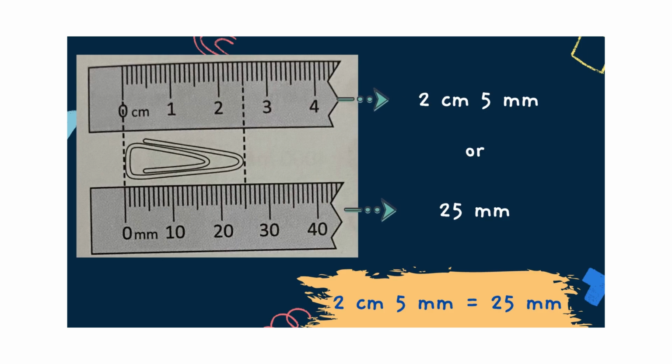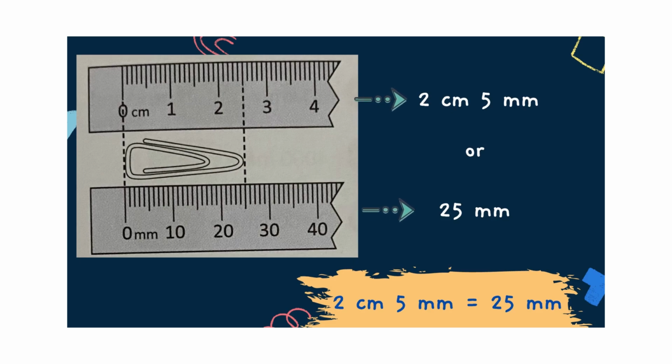Now, this is your step number 1, which is you just use the scale on a ruler and you write your answer in centimeters and millimeters. The top one is your centimeter ruler. We can measure that as 2 centimeters, and it goes beyond 2 to the smaller parts: 1, 2, 3, 4, 5.